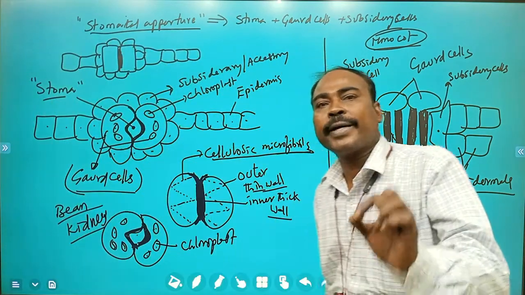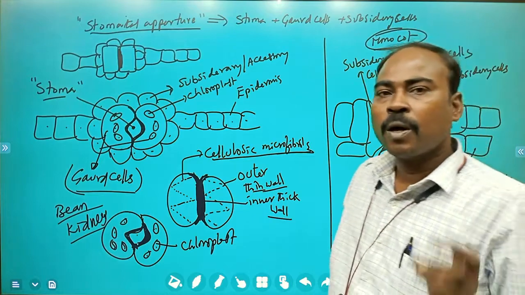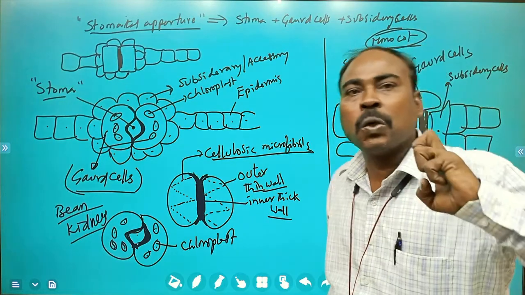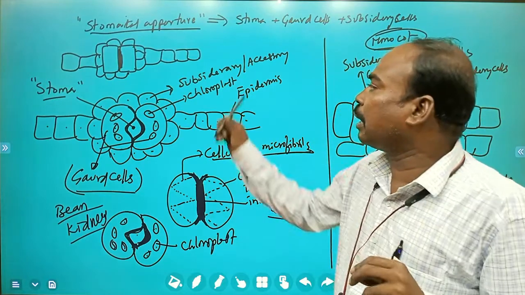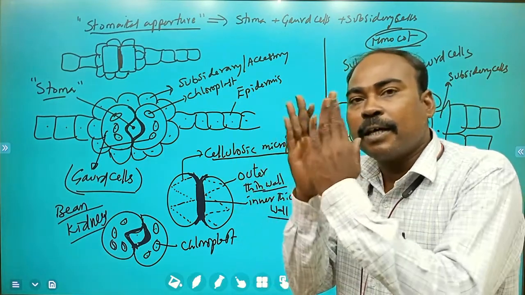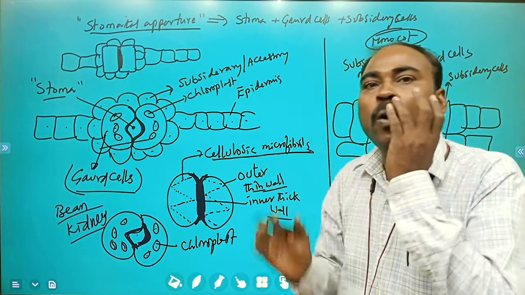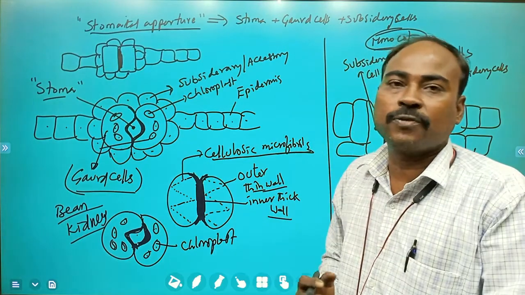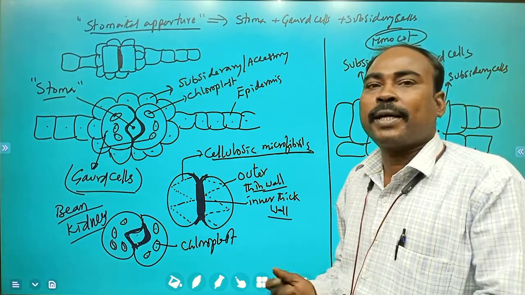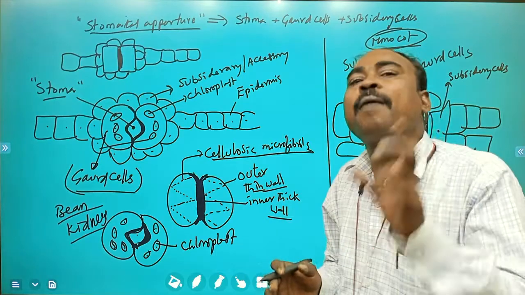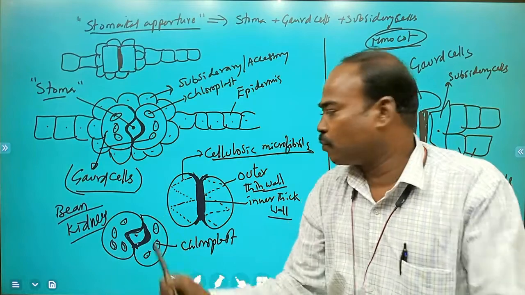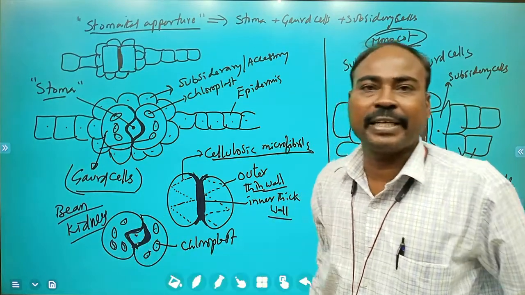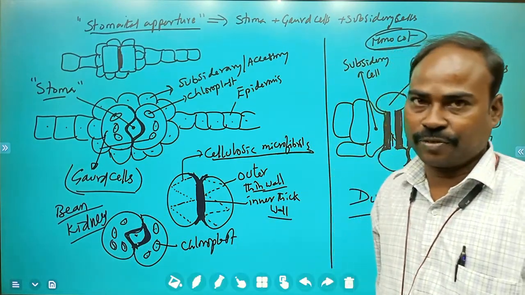So the stoma is a pore which opens and closes with the activity of specialized epidermal cells called guard cells. The guard cells are the controlling points of the opening and closing of stomata. Stomata is not a structure, it is a gap, a pore. That pore is opened and closed with the turgidity and flaccidity conditions of guard cells.